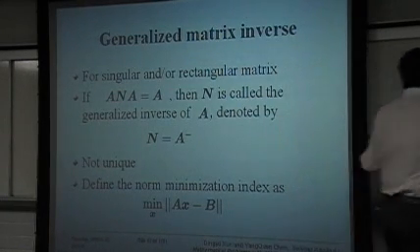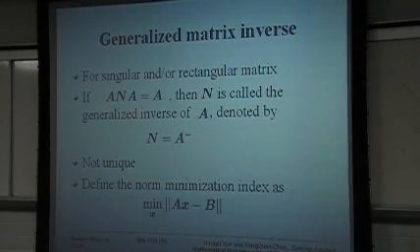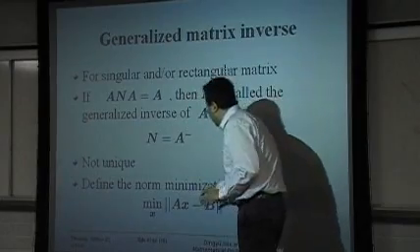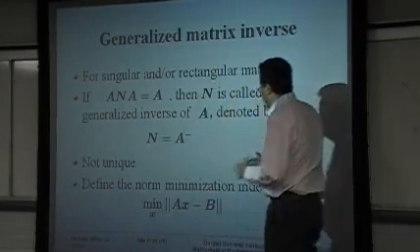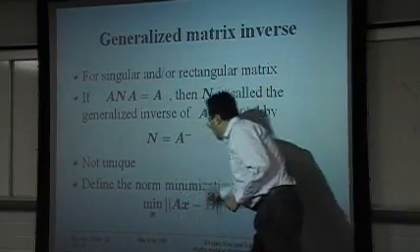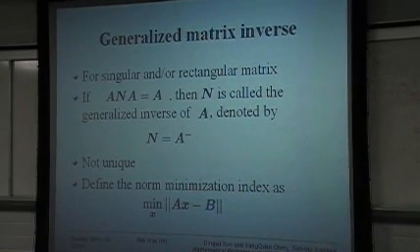For instance, if there is a linear equation like this, we may find x which satisfies this kind of condition, which means to minimize the error in this equation. And in this case, we can find a unique n.